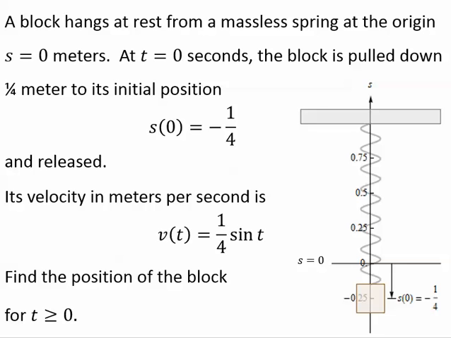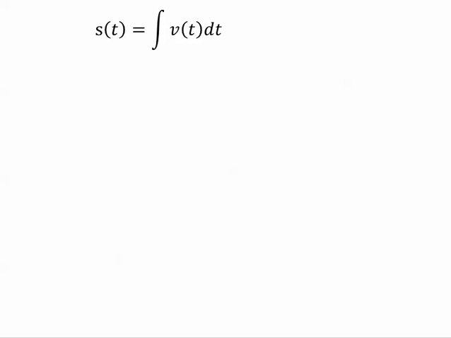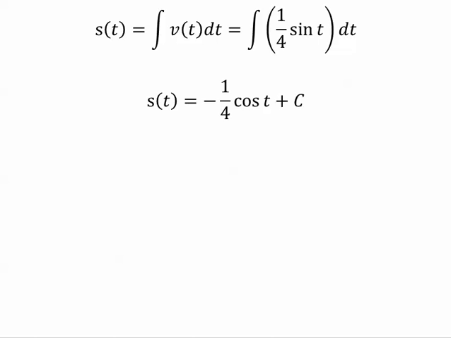Find the position of the block for t greater than or equal to 0. Now, if we have velocity, then the way to find position is to find the antiderivative of velocity. So our velocity function is 1/4 sine t, and the antiderivative of that is -1/4 cosine t plus my arbitrary constant. Don't forget your plus c. Now, what is c?